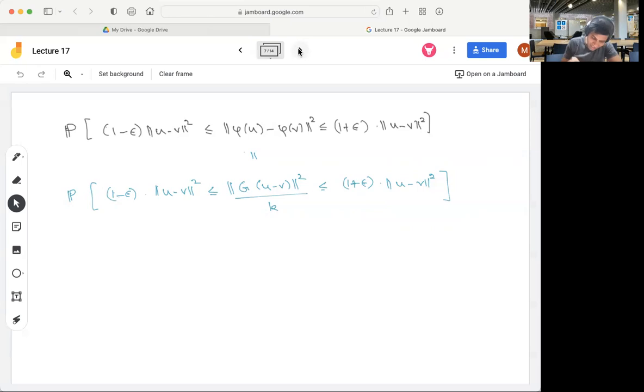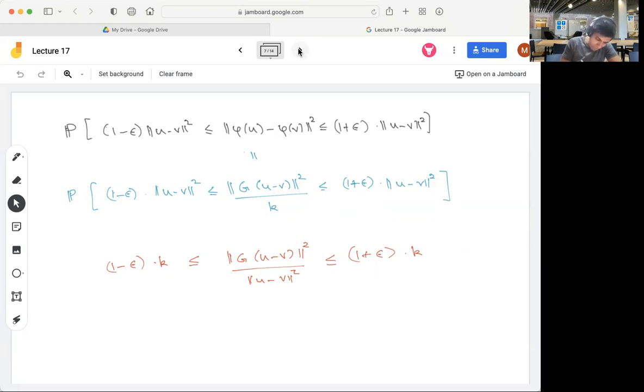And now let's write this condition a little differently. Let's move k to the extremes of the inequality, and bring the norm of u minus v squared into the middle.